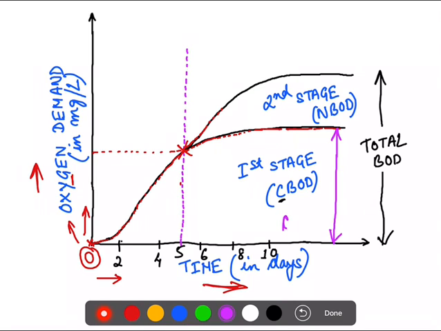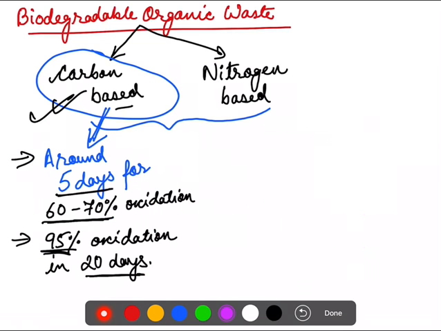So this stage is oxidation of carbon based organic waste, the time required by the bacteria to oxidize the carbon based biodegradable organic waste, and the oxygen that is demanded during this stage is called the first stage BOD or CBOD. Now what happens? I have written here 1.5 days.